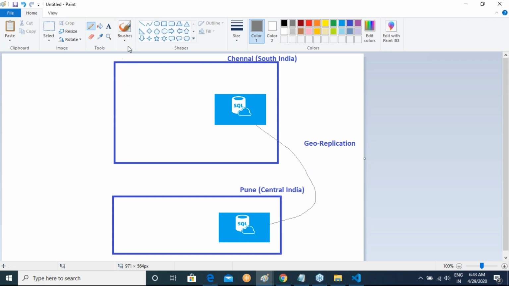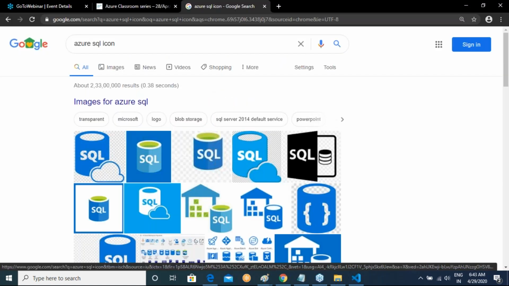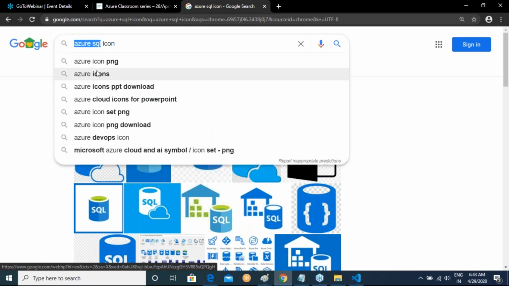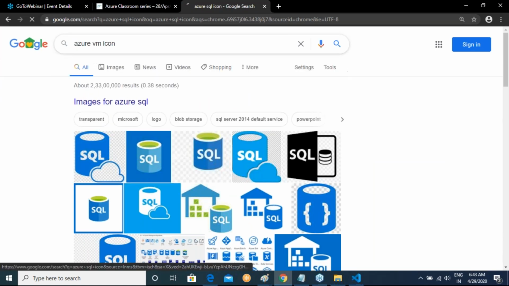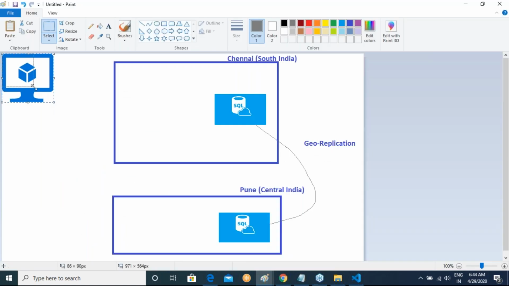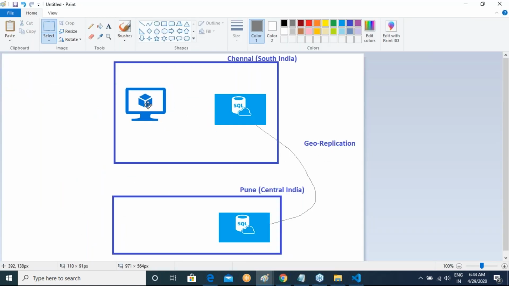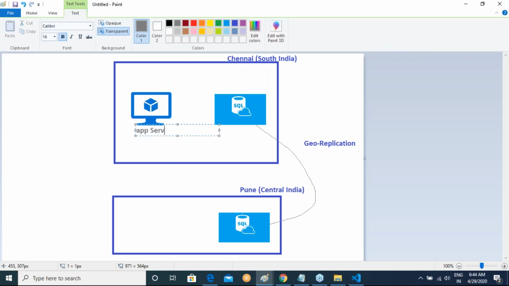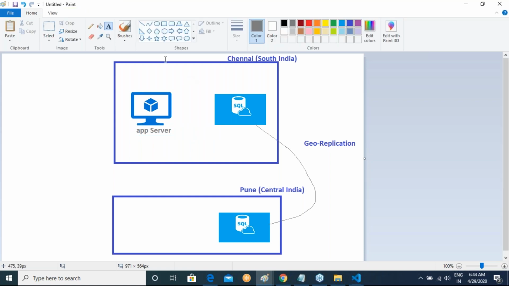So now let me put some Azure virtual machine. Consider this to be your app server. So what will the app server do? The app server will first send the data to Azure SQL. Now this data is automatically getting into here.